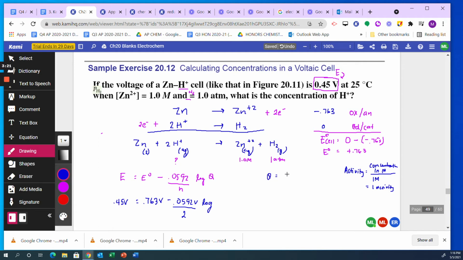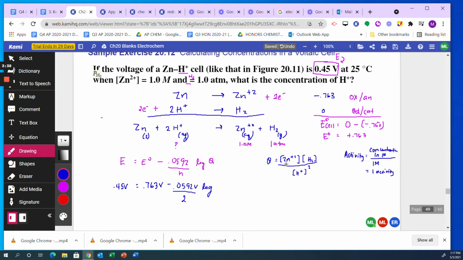Q is equal to Zn plus 2 times H2 over H plus squared. Okay, so this right here, Zn plus 2, is 1 molar.